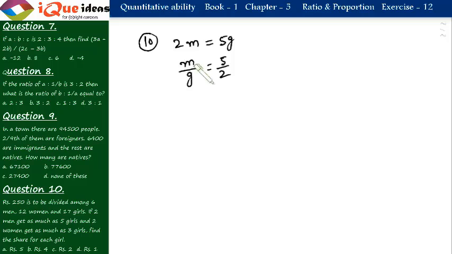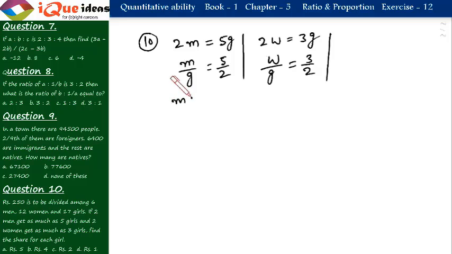Similarly, it says two women get as much as three girls. So we can take 2W is equal to 3G. That means W is to G is equal to 3 is to 2. This gives us a very clear idea. So M is to G is equal to 5 is to 2 and W is to G is equal to 3 is to 2.